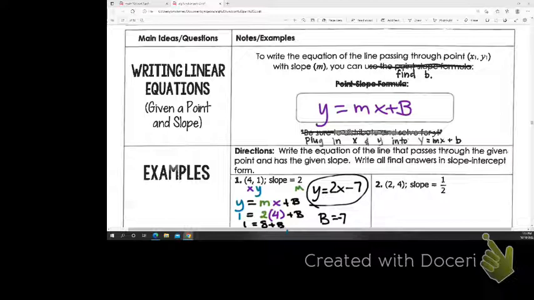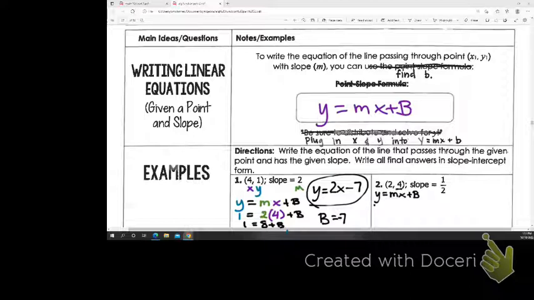And then the final answer is the equation in slope-intercept form. So finding the b is the hard part, but don't stop there because it's not just asking you to find the y-intercept. So for the next one, I would start off writing y equals mx plus b. And the y in this pair is 4.